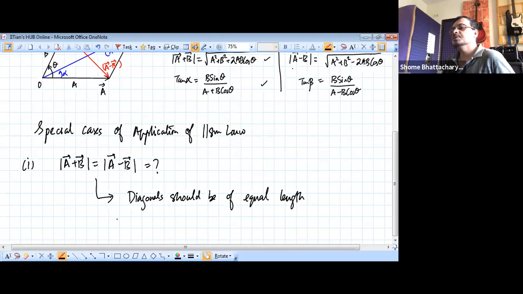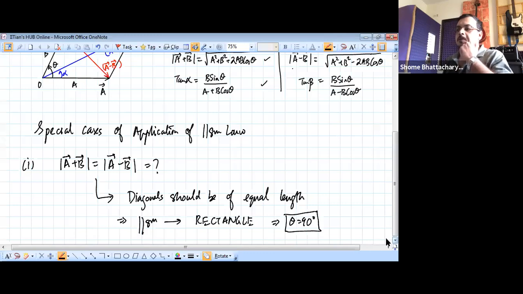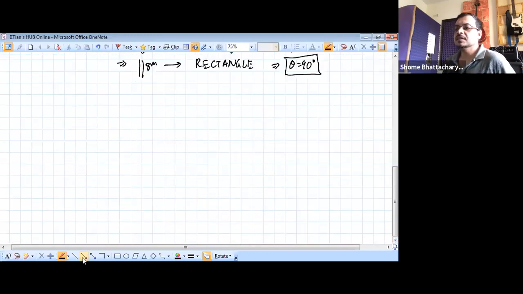And that basically means that the parallelogram in concern must be a rectangle, which means that theta must be 90 degrees. So that is the first special case in which our parallelogram collapses into a rectangle, because theta is equal to 90 degrees.